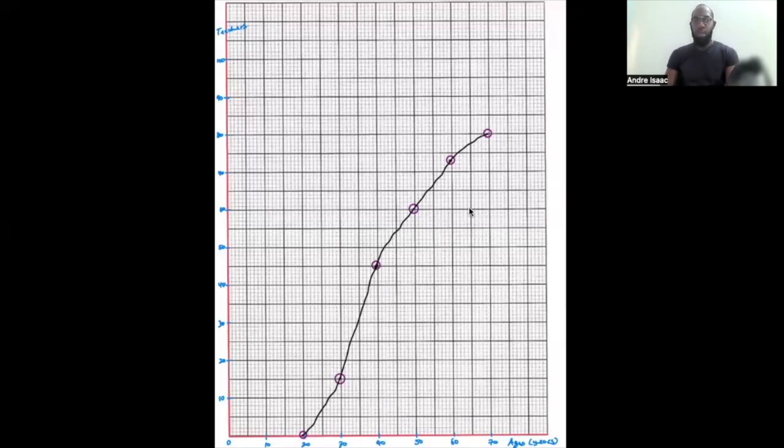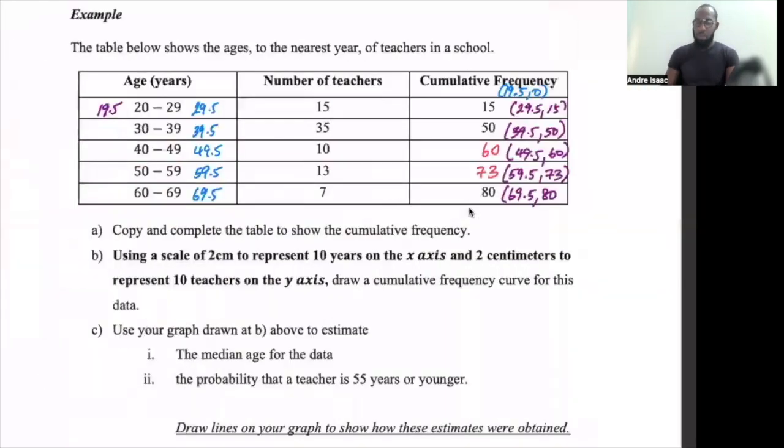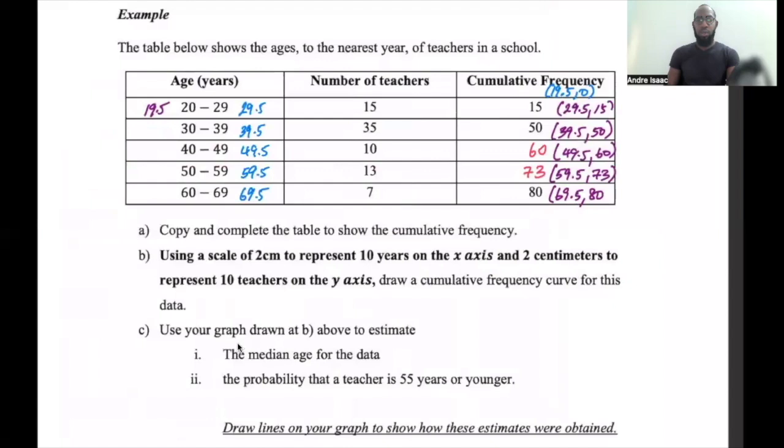Continuing. They said, using your graph drawn at part B above, estimate the median age. All right. So Q2 is equal to n over 2. Right, n is the total, so that is 80 divided by 2, which is 40.